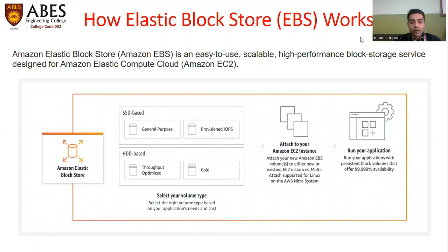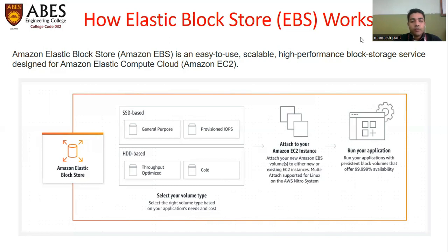So the performance of EBS, which is direct because it is directly attached to EC2, is much better as compared to S3. But there are some other advantages of S3 over EBS.